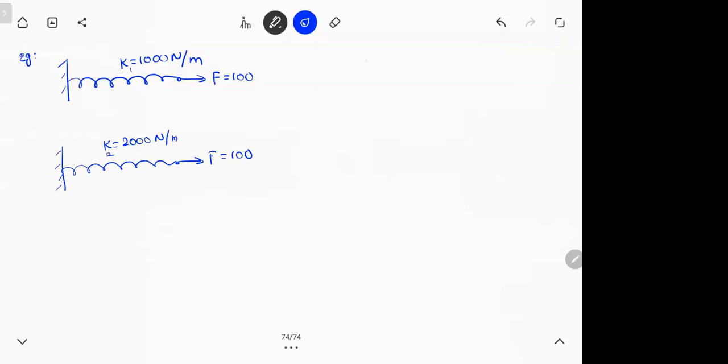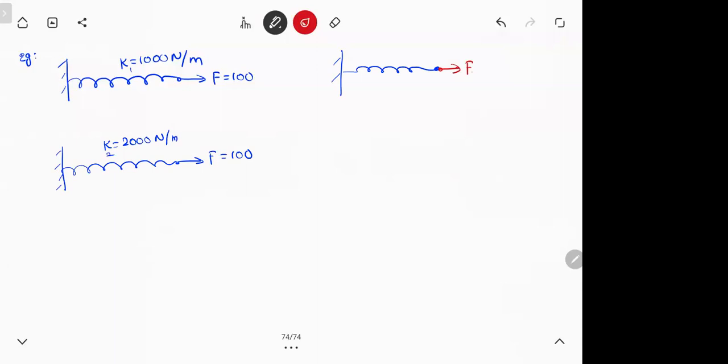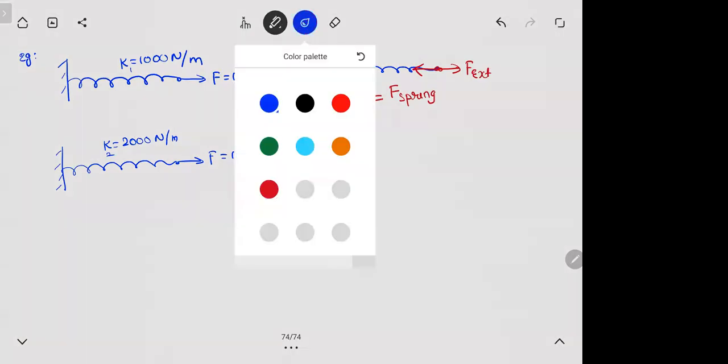Now see, you need to understand one thing. If you look at this spring, this point, what are the forces acting on this? The external force is pushing it to the right. The spring force will push it to the left. And what is the spring force equal to? Kx. Now you can ask, sir, why are you not writing the minus sign?